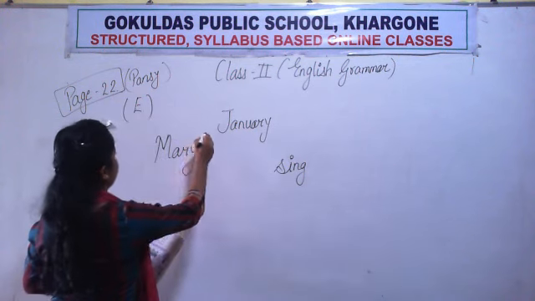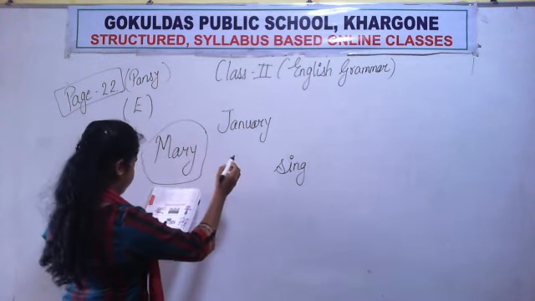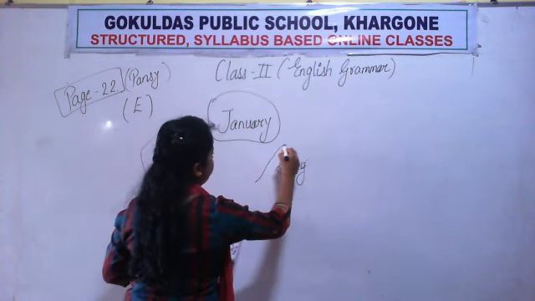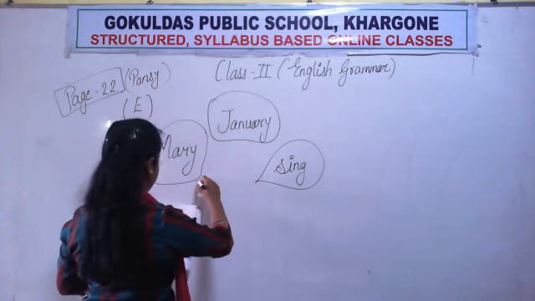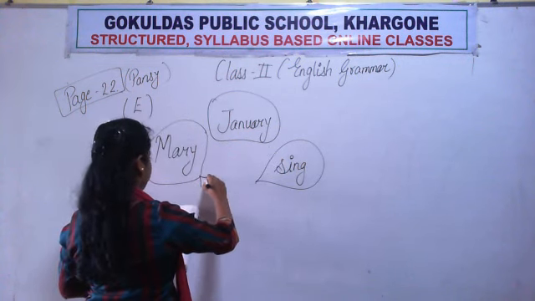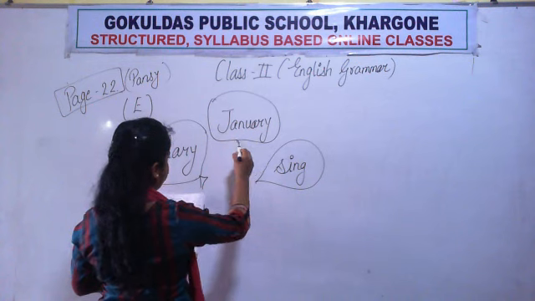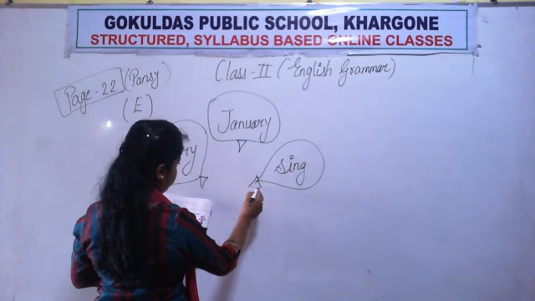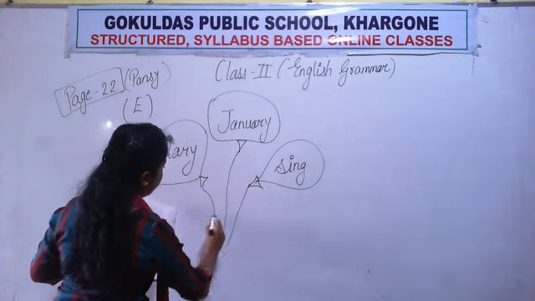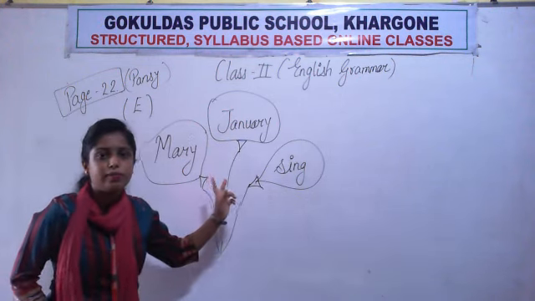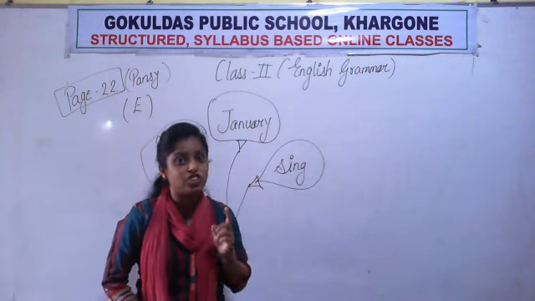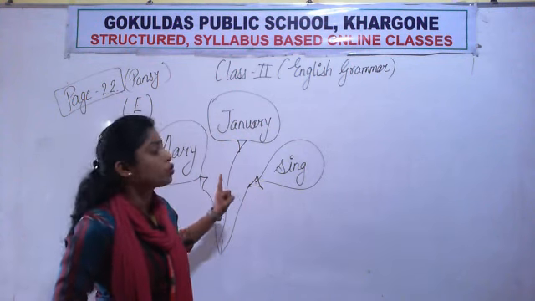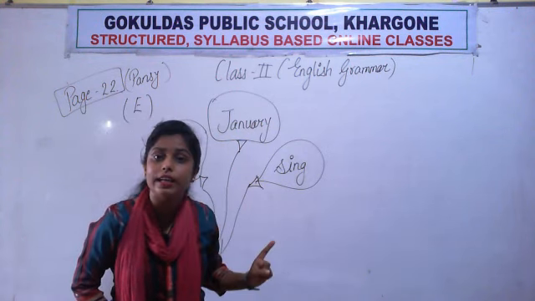And I am making balloons for you here. We have 3 balloons in which we have to just tick that balloon in which a noun is written. हमें सिर्फ उन balloons को tick करना है जिन पर noun लिखा है.